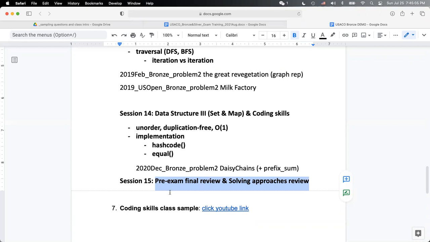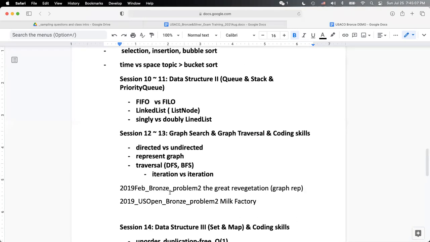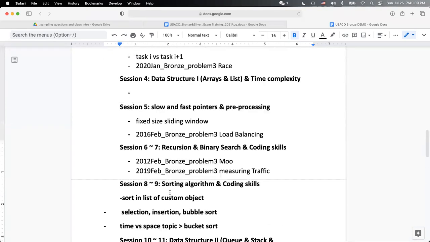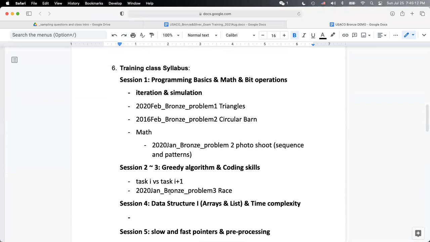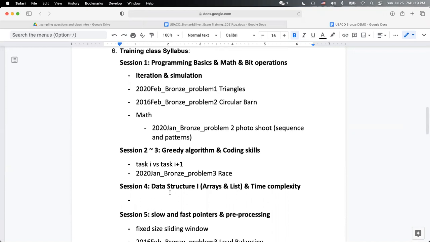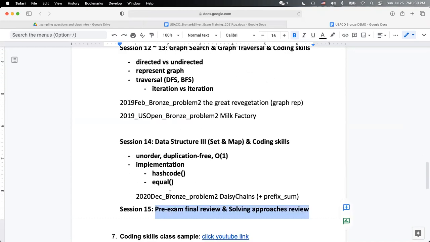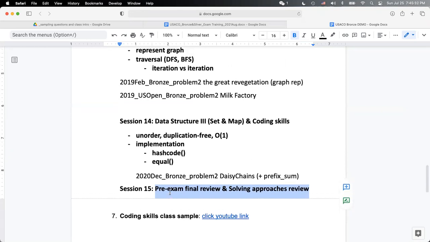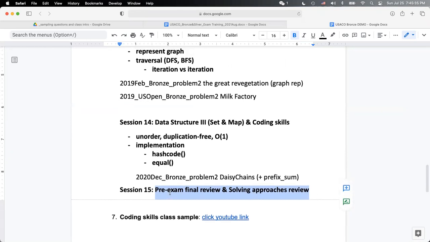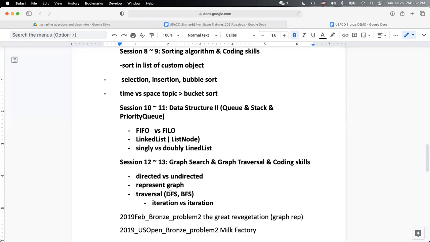Okay, so I think we used about 40 minutes to go over, at a very high level of course, the 15 sessions. Hopefully we can have an idea about the footprint, at least at the component level, of what's behind. With that being said, I think that's about it. Any questions?